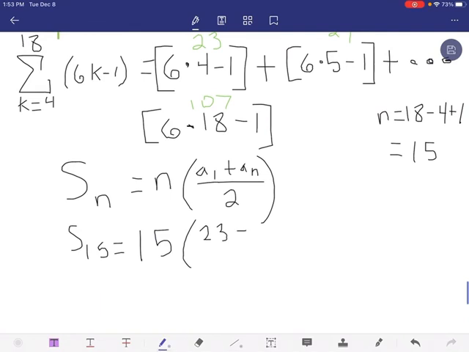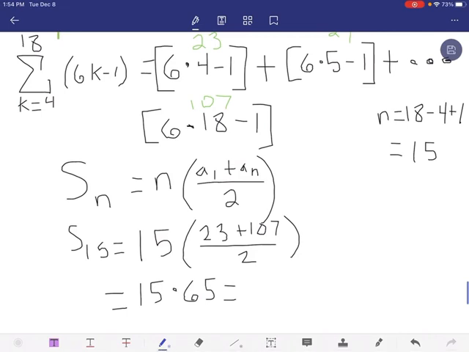So that's what we need to plug in for a sub n. And then we can simplify. So we would get 23 plus 107, which gives us 130. Then we would divide by 2 and we get 65.